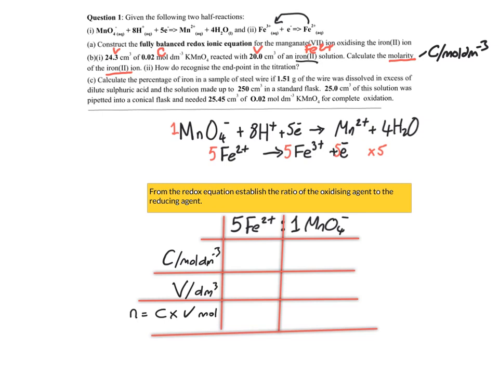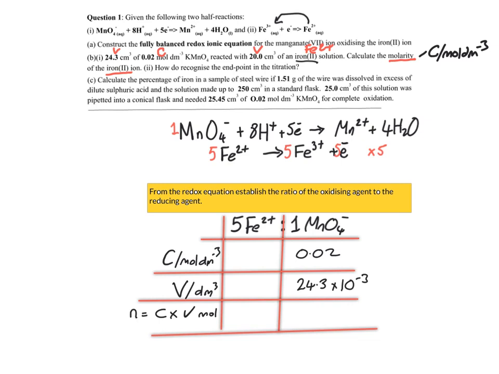The first thing to do is to take the essentials from the written information above and put it into a table. We are told the volume and the concentration of the manganate. The volume is 24.3 centimetres cubed, and we convert that to decimetres cubed by multiplying by 10 to the minus 3. We also know the concentration of the potassium manganate, that is 0.02 moles per dm cubed.